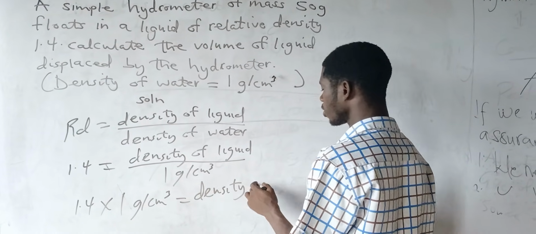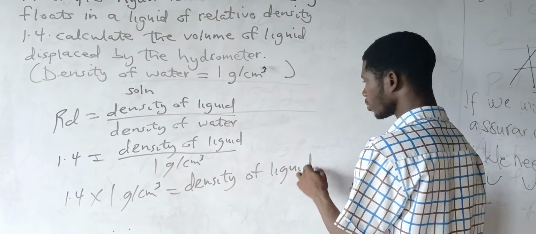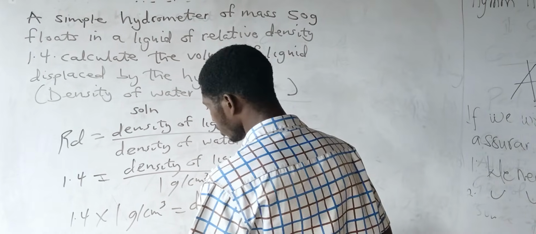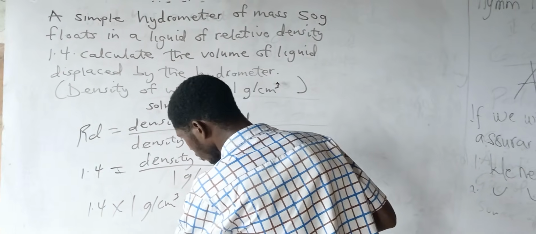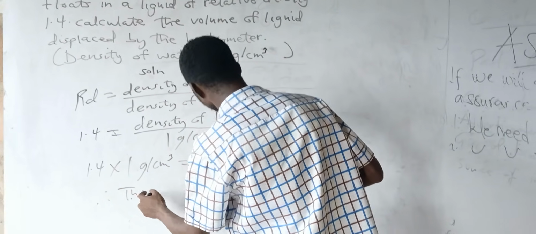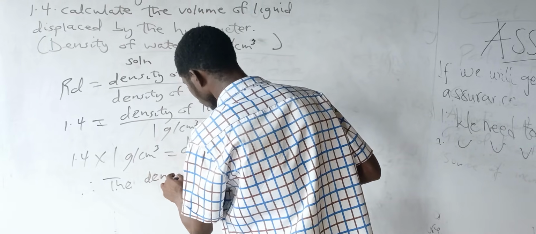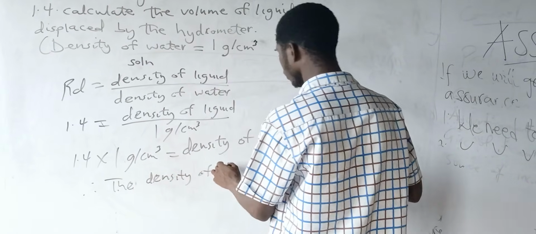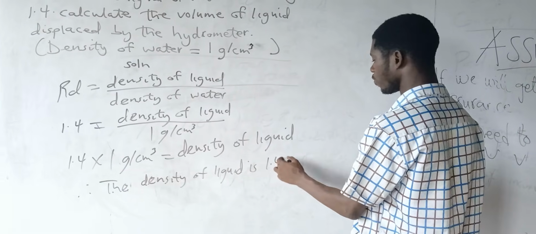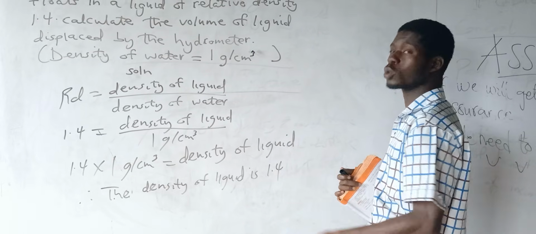Okay, density of liquid. So now, therefore the density, if you multiply it, you get 1.4. 1.4 is multiplying 1, so you still get the same thing.